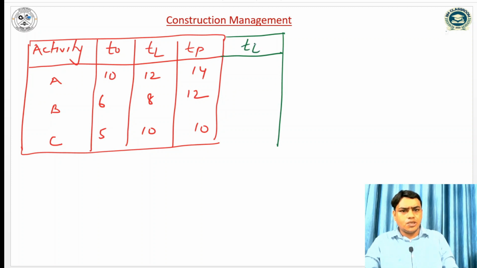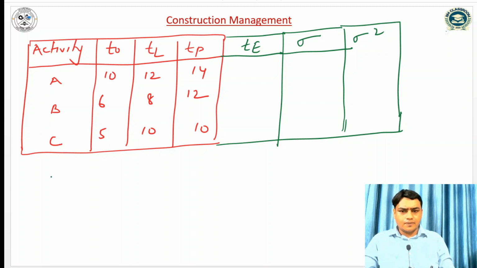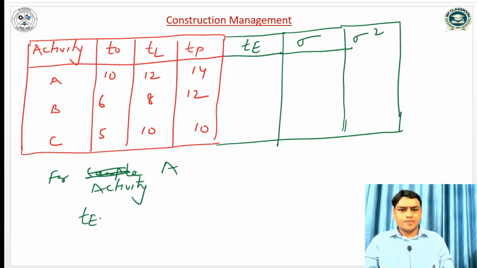So TE, and after that standard deviation and variance sigma square. So for activity A, the expected time can be computed as T0 plus 4TL plus TP by 6.